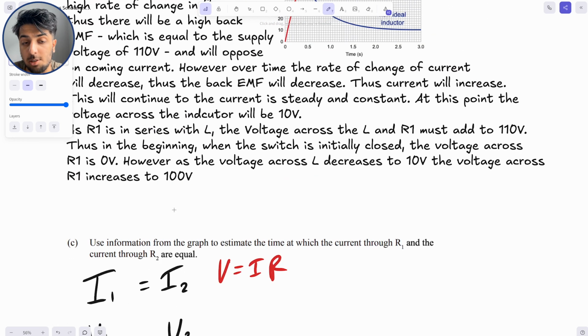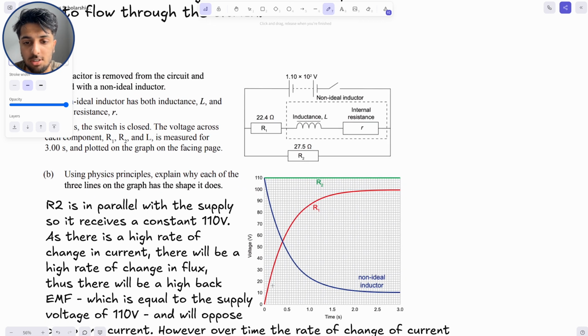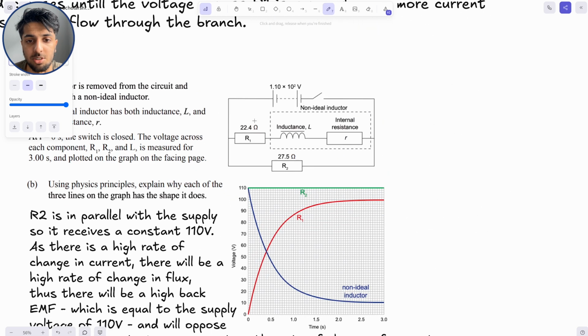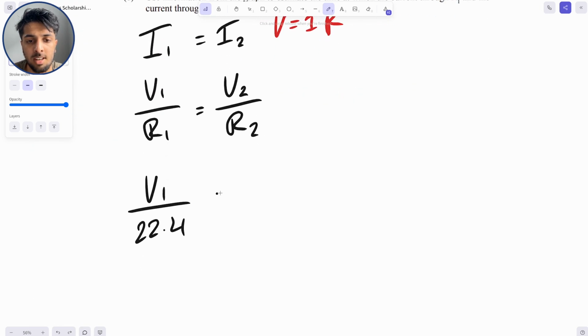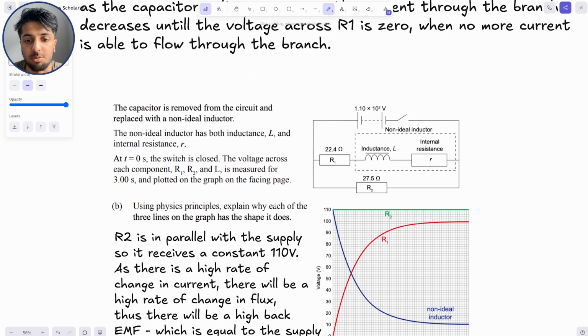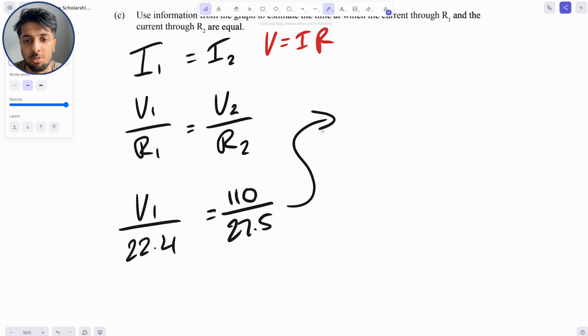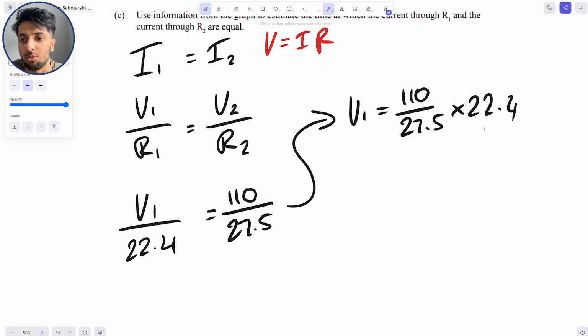We don't know our V1 because our V1 constantly changes, as we see here. So we have V1 over 22.4, that is our resistance of R1, equal to 110 divided by 27.5, which is the resistance of R2. So, rearranging for V1, we get V1 is equal to 110 over 27.5 times 22.4.